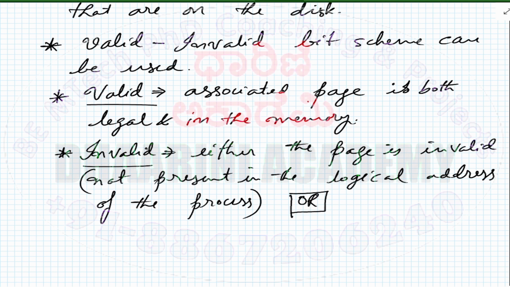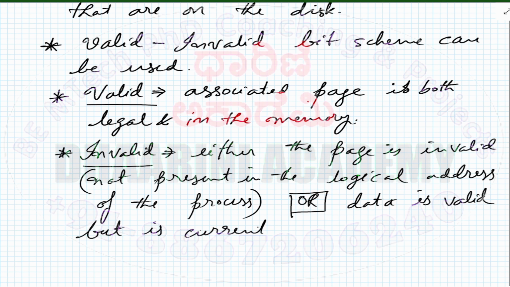Now we'll go for the invalidity in a different way. In this case, the data or the page is valid, but is currently located on the disk, not present in the main memory, it is present on the hard disk.